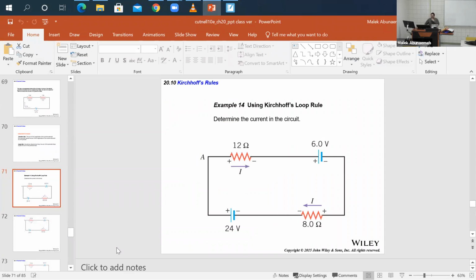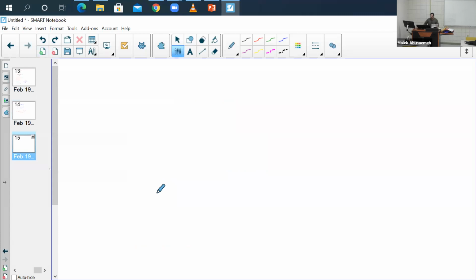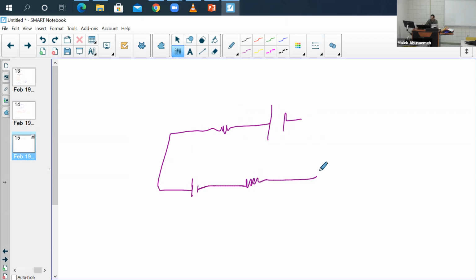Let's say we have this little circuit right now over here. We get a battery along with the battery.